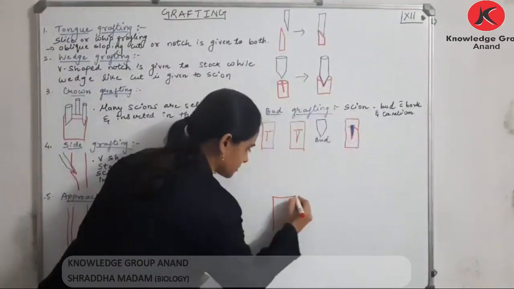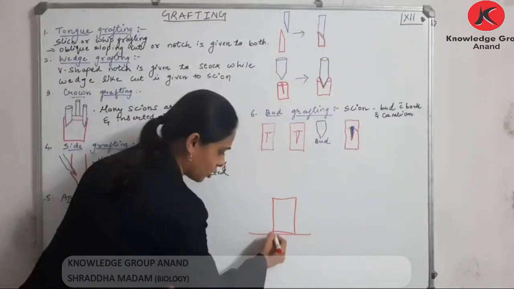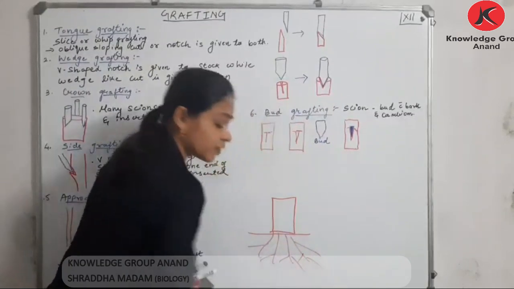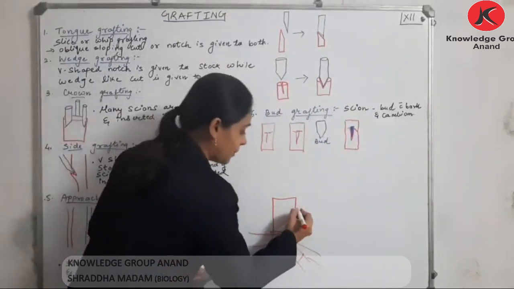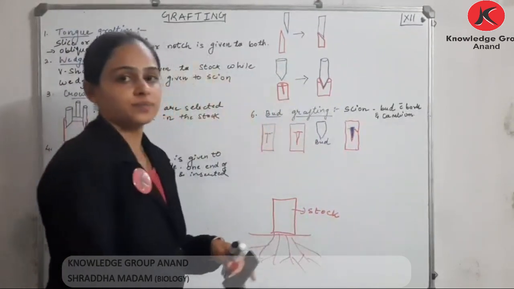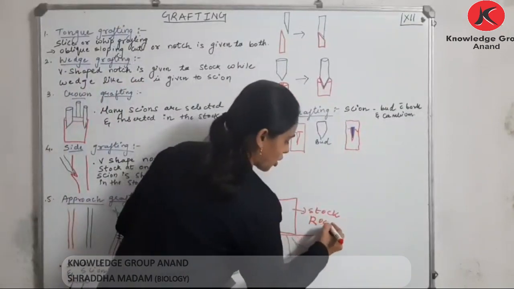The portion which is rooted is called the stalk. It is also called the root stalk.